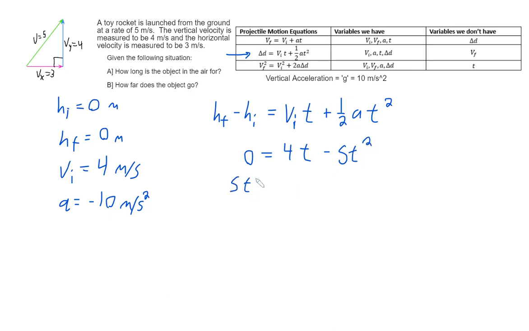So 5t squared is equal to 4t. Now, because the rocket starts on the ground, we know that t equals 0 is a solution. So I can divide both sides by t, so I'm left with 5t is equal to 4, or t is equal to 4 over 5, which translates to 0.8 seconds.